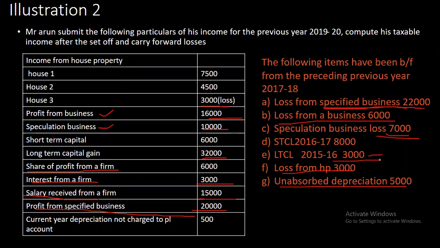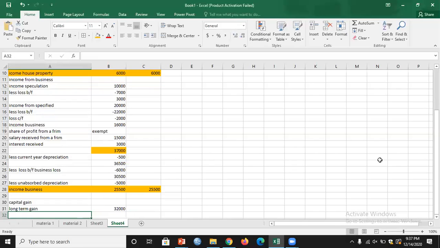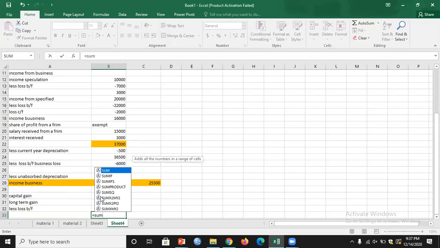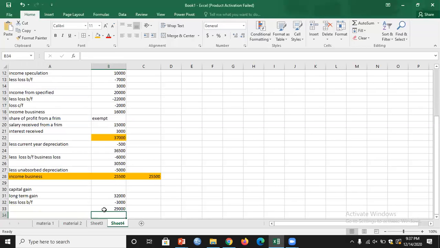There is a loss of around 3,000 rupees in the year 2015-16. So that must be deducted in this year. Loss brought forward, minus 3,000. I put minus for losses always. So we got 29,000 rupees from the long-term capital gain.